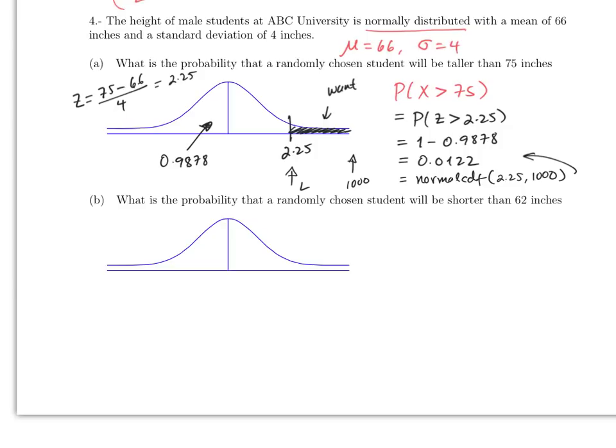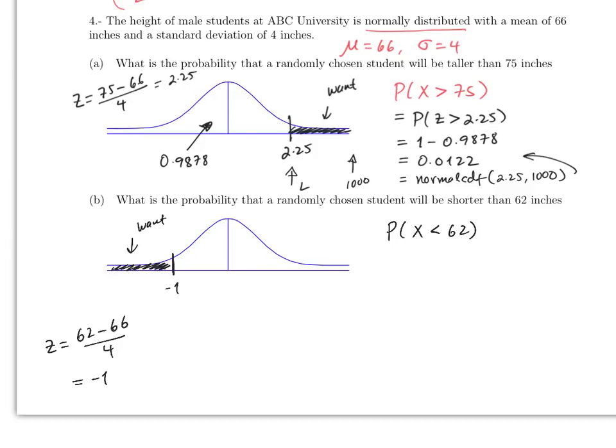In part B, we have the same information, but the question is now asking what's the probability that X, which is the height, is less than 62. If we do the standardization on the side too, again, this will now be 62 minus 66 over 4, which is -1. So this time, this is the area that you want.